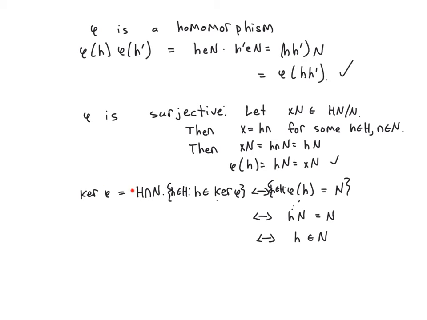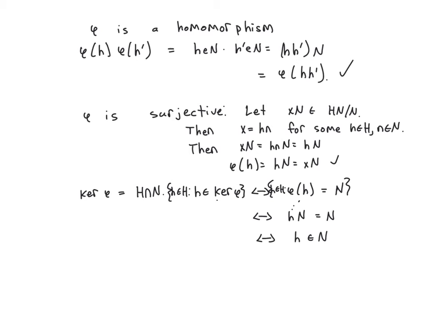And so the kernel is actually equal to the intersection of H with N. And by using this if and only if approach, I managed to get subset inclusion both directions at the same time. And so there's the second isomorphism theorem.